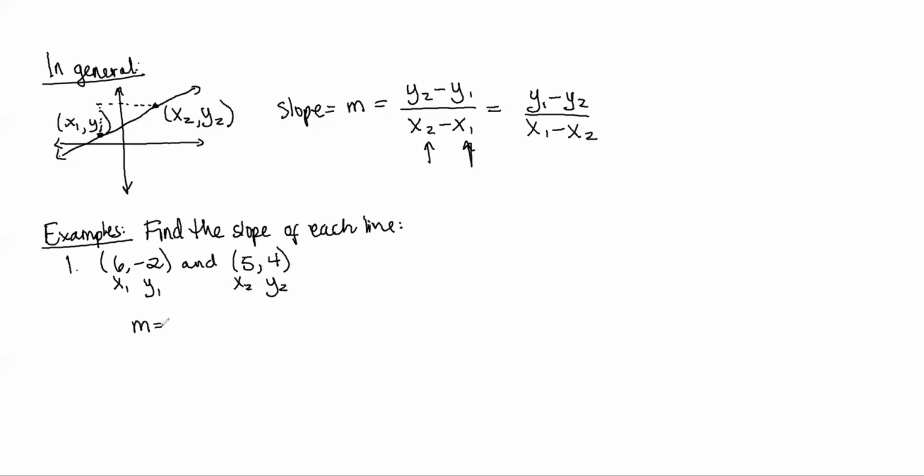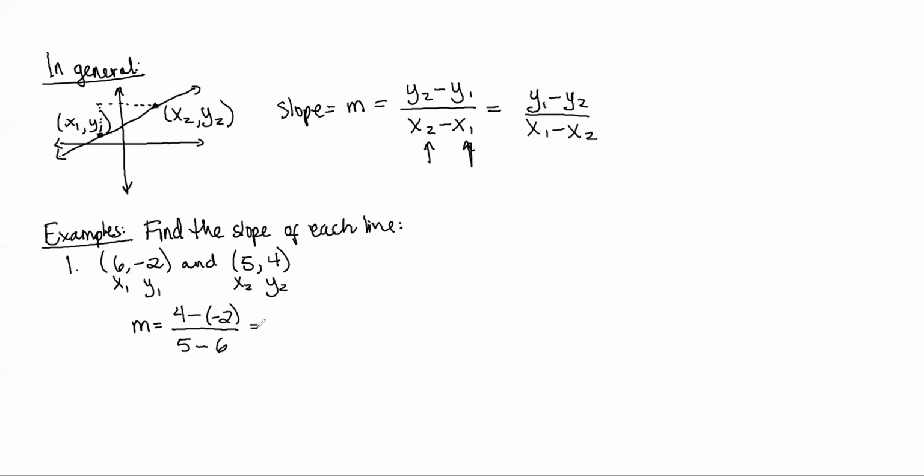So m is equal to y2 minus y1. So we have 4 minus -2. Be careful with your signs. I'm going to put that -2 in parentheses. Over x2, which is 5, minus x1, which is 6.